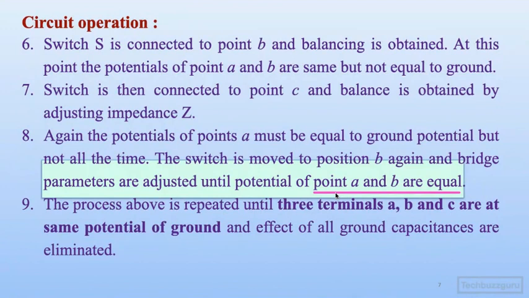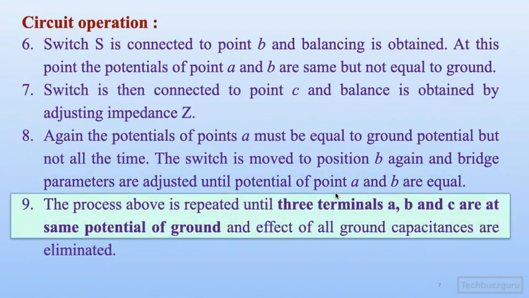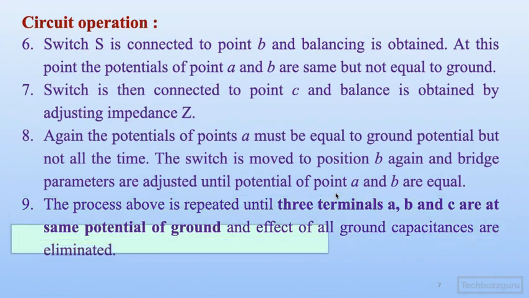So when they are at ground potential, ground capacitances are automatically eliminated. The process above is repeated until the 3 terminals A, B and C are all at the same potential of ground, and the effect of all ground capacitances is eliminated.